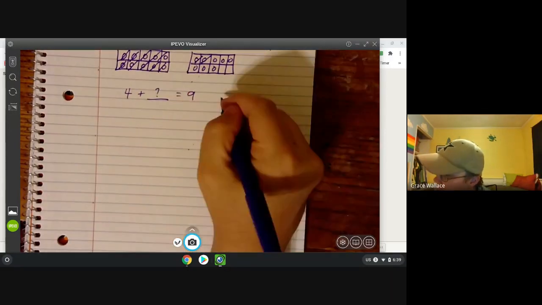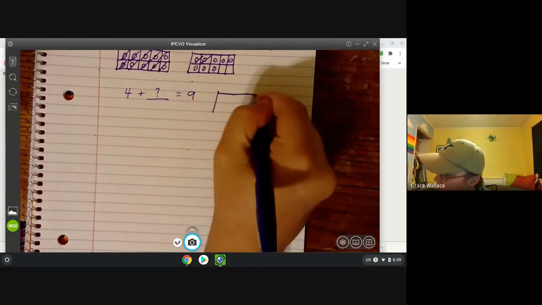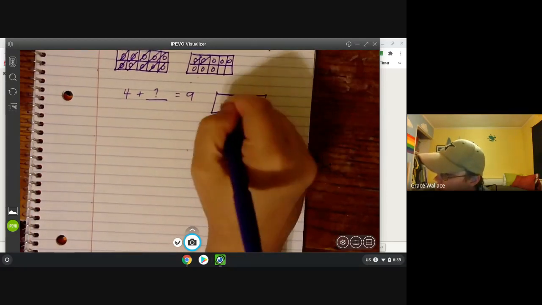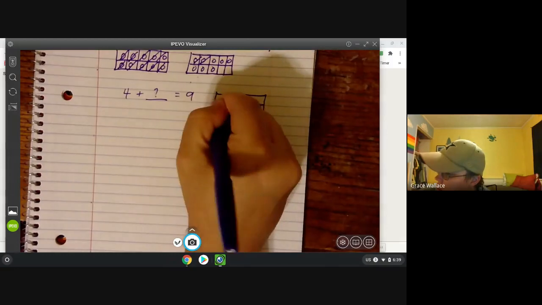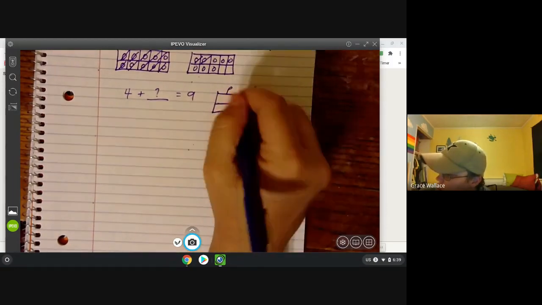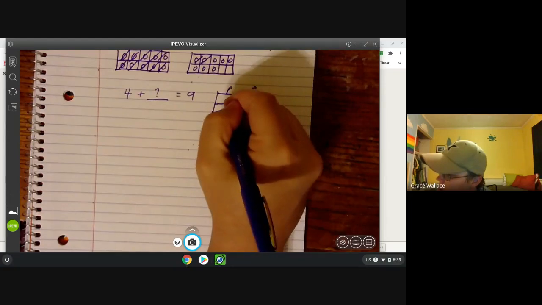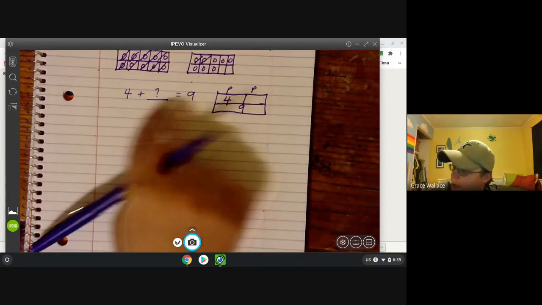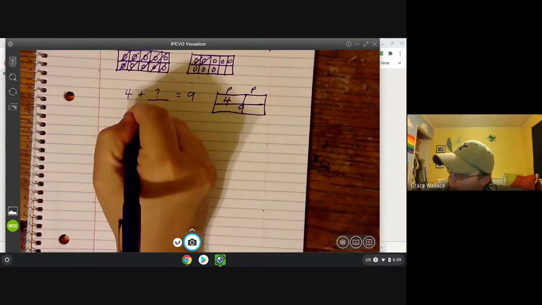equals 9. Now we can go back to our part whole that we did yesterday. And our whole is 9 and our part is 4. But even when I see that, I know there's a related subtraction fact that I can use.